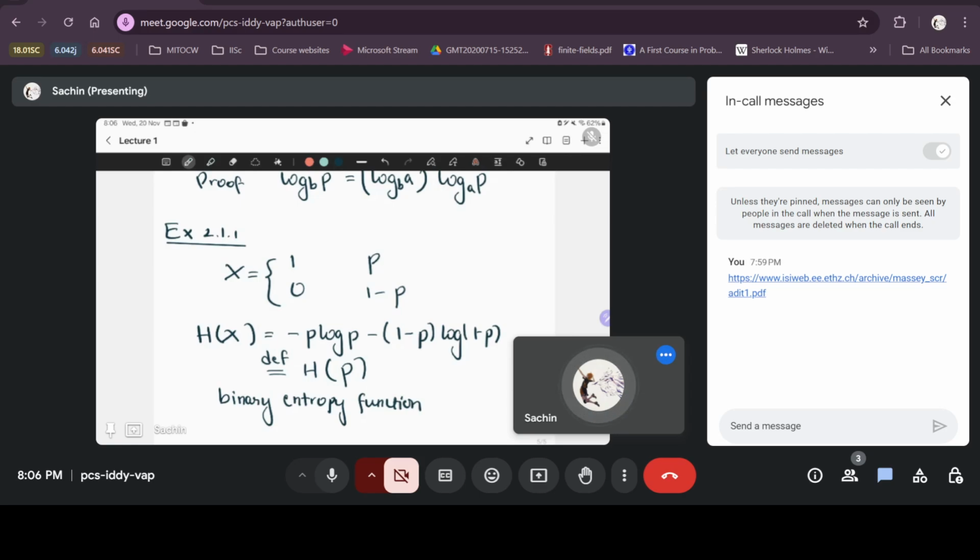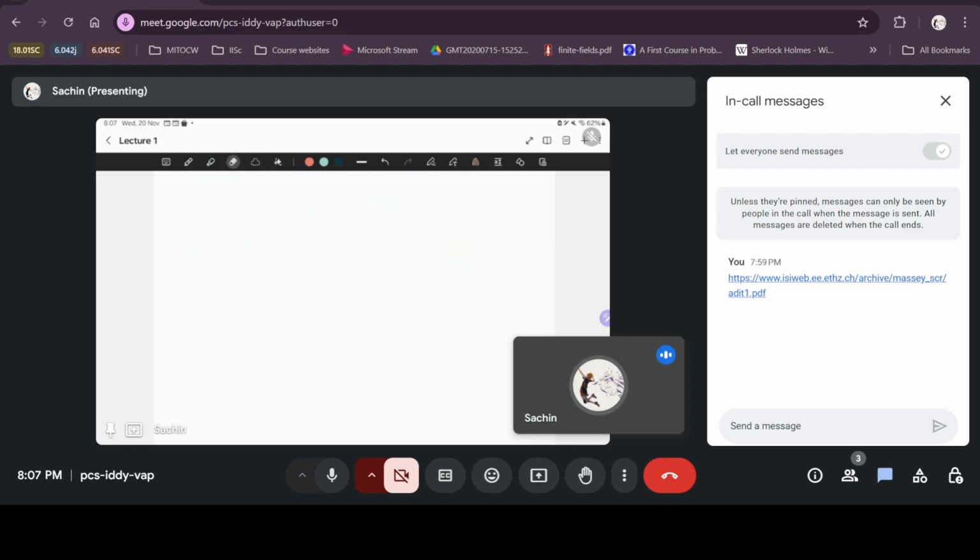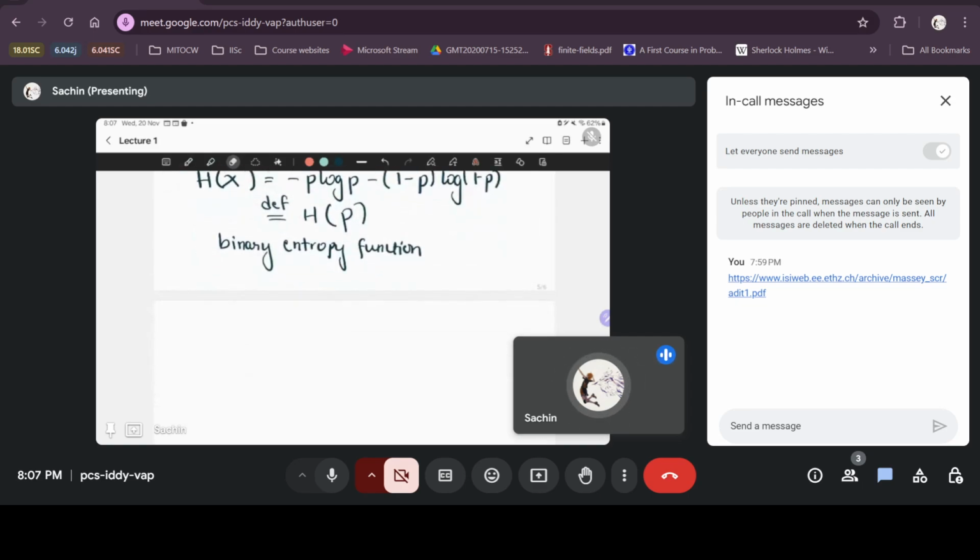So there are two values. To satisfy the probability axioms, both the probabilities must be between 0 and 1, and if one of the probabilities is p, the other has to be 1 minus p. So this quantity H of p will come up in many places, so you'll give it a special significance.